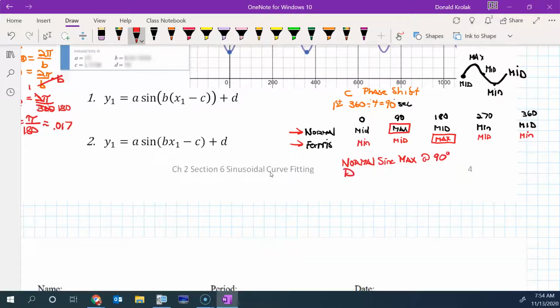Our data, our Ferris wheel, its max occurs at 180 seconds. So I've got to take the sine graph and add 90 to it. That's going to be my phase shift. 90 seconds plus my phase shift to get 180. That's going to be seconds.